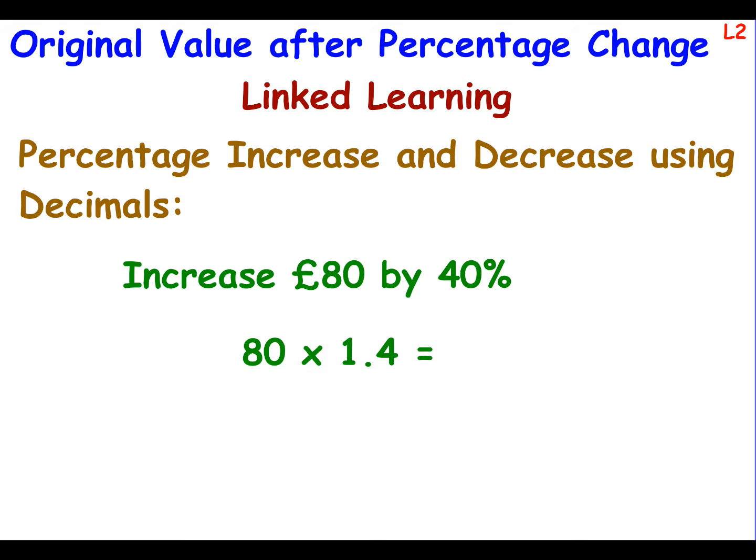So we talked about in a previous video that if you want to increase by 40%, then you would take your £80 and multiply it by 1.4, 1 being the original amount and the 0.4 increasing that amount by 40%, because 0.4 is the same as 40%. If you can't remember why, go back to the fractions, decimals and percentages lesson where we show you the relationship between the three. Then all you would need to do is multiply 80 by 1.4 to work out the amount.